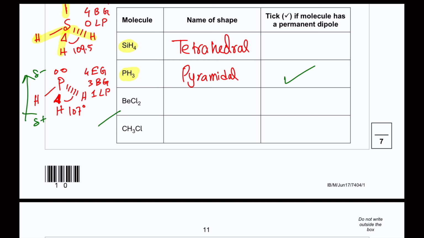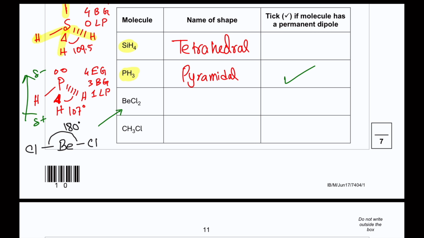Next, the molecule BeCl2. Beryllium belongs to group 2 and it has 2 electrons in the outer shell. When chlorine bonds with it, it produces a linear structure with a bond angle of 180 degrees.